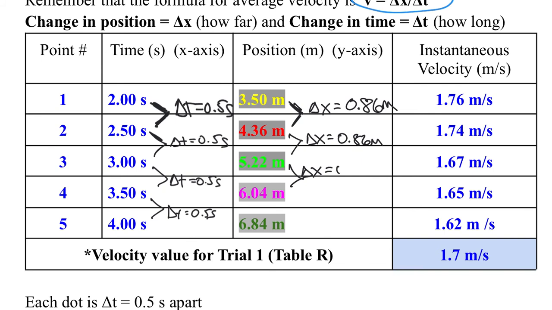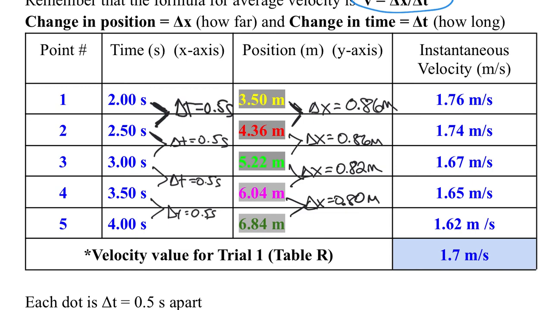No, it's 82. And what's this one? 80. Why do you think it went down a little bit? Because it started getting slower. So if it started getting slower, then it started traveling less distance in each time interval. Is that making sense?